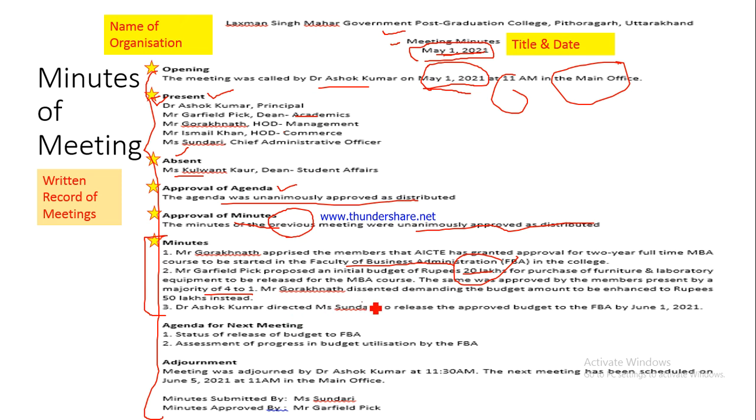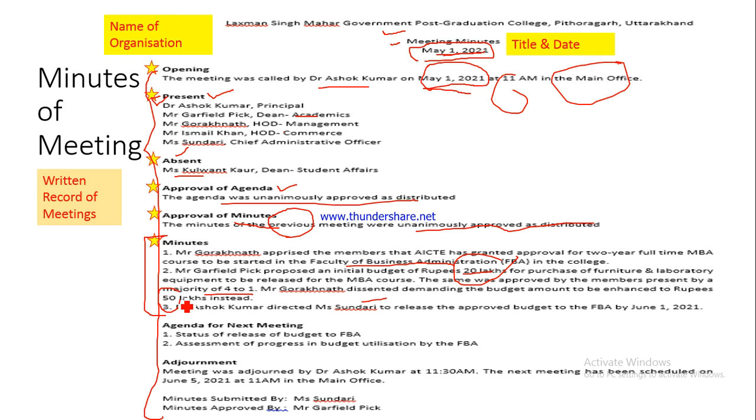And now who was this member who disagreed? Mr. Gorakhnath dissented. Dissented means did not go along with the majority of the opinion. He said something which was different from what the majority was saying. So Mr. Gorakhnath dissented, demanding that the budget amount be enhanced to rupees 50 lakh. So what was the point on which Mr. Gorakhnath differed from others? He said instead of rupees 20 lakh, please issue department rupees 50 lakh.